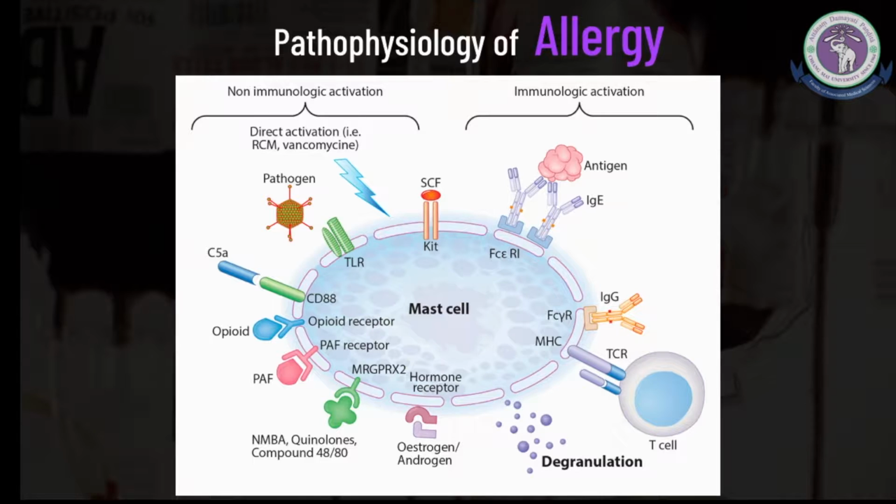However, the main point is that patients produce IgE-type antibodies specific to donor plasma proteins. When again exposed to the allergen, the antigen-antibody complex binds to the IgE receptor on mast cells and induces degranulation. Vasoactive amines and other mediators including histamine are released, resulting in allergic signs and symptoms.